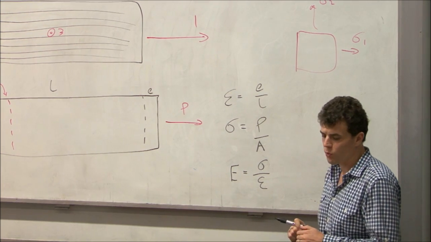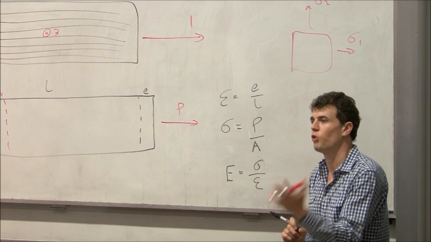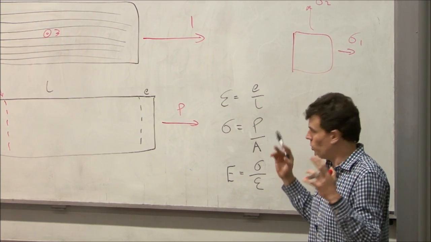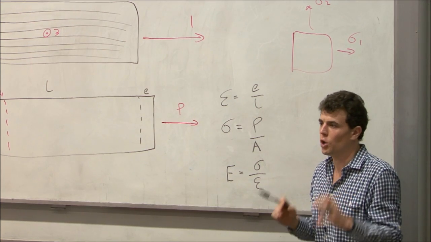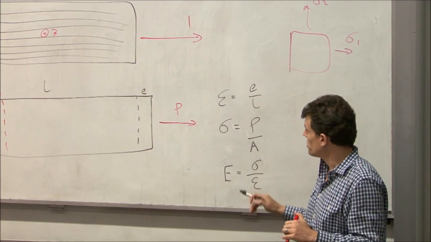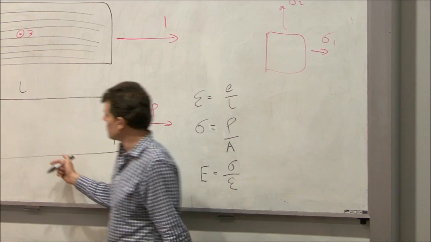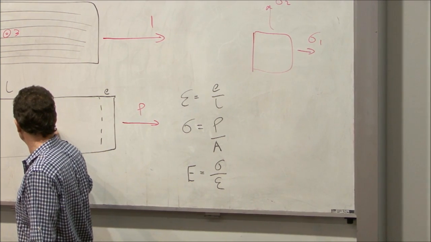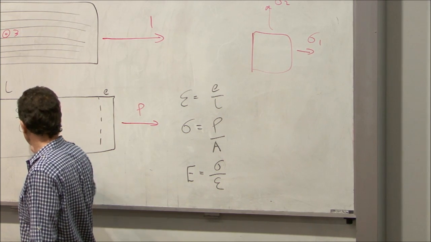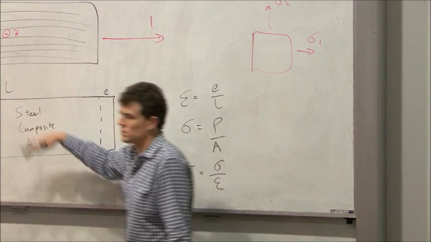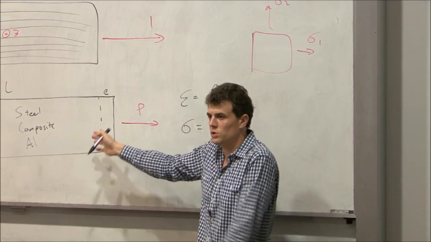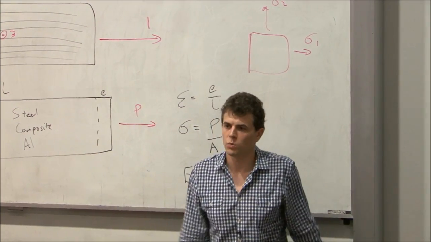So in practice, what we can do, if we know the fibre properties and the resin properties, we can work out what we call engineering properties for the composite. So in this case, we don't have to know whether this is steel, composite, aluminium. That doesn't matter. The process is still the same. If we were measuring the modulus, we would still measure it this way.